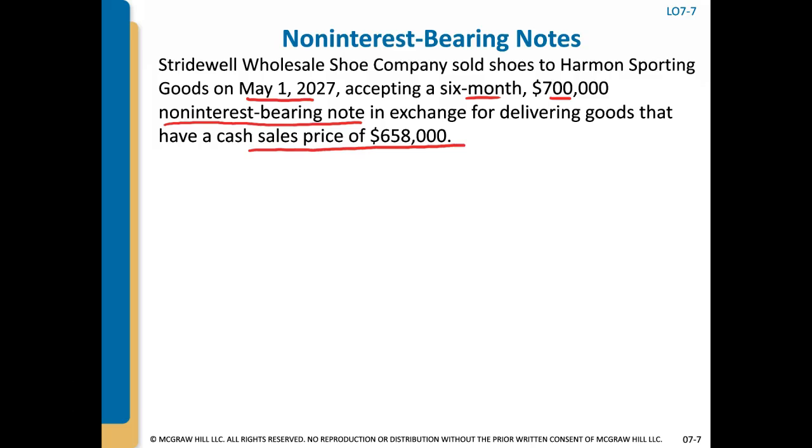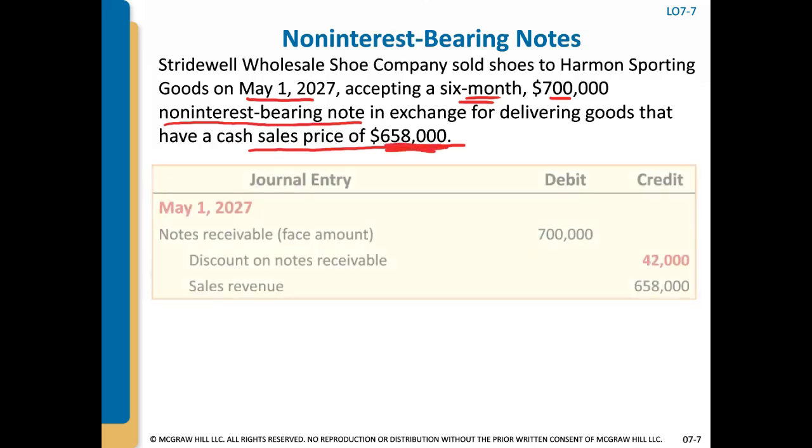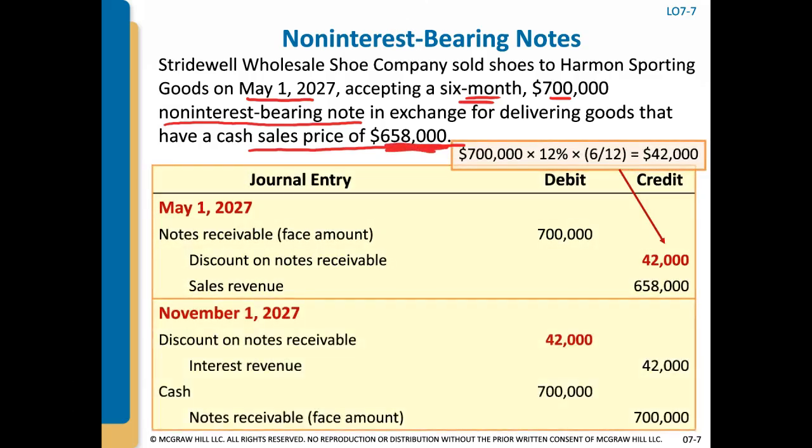We still, our customer still cannot pay us for whatever reason. So we're telling them they can pay us $700,000 in 6 months and a non-interest-bearing note. But instead of providing them with goods for $700,000, we're actually providing them goods only worth $658,000. So let's look at this May 1st entry.